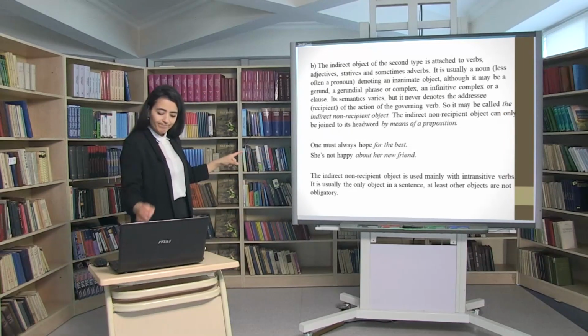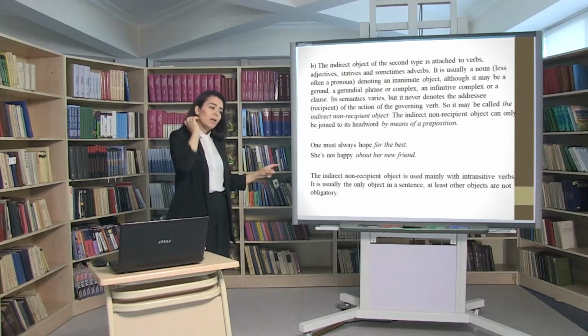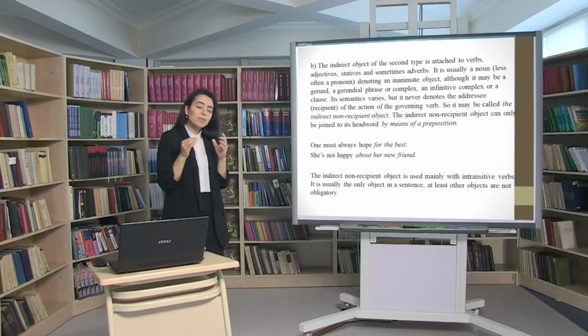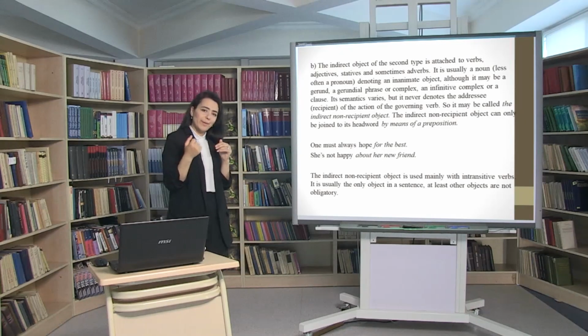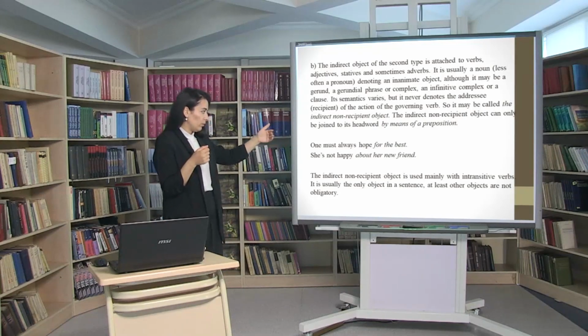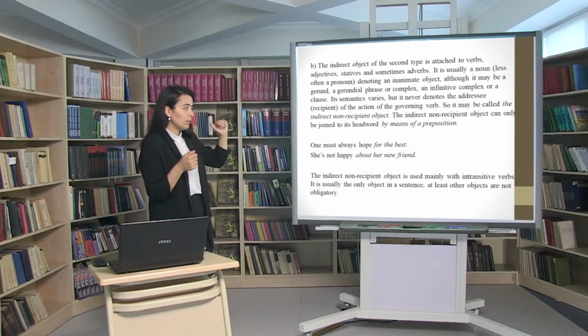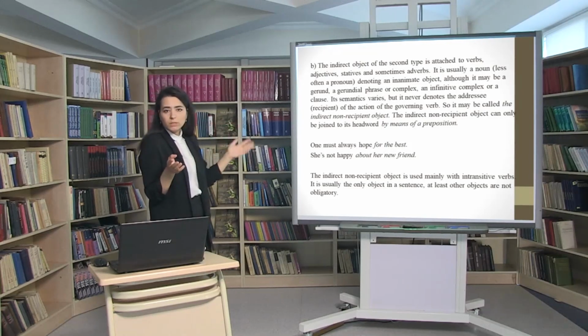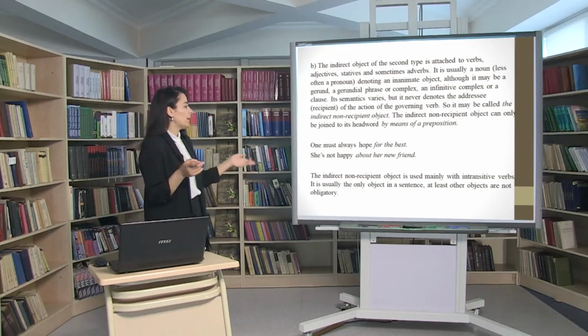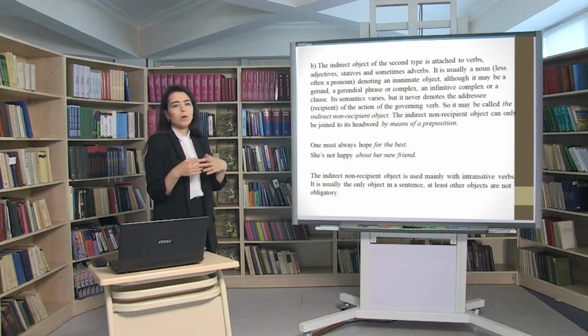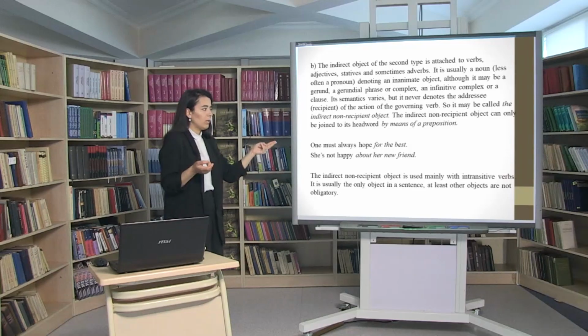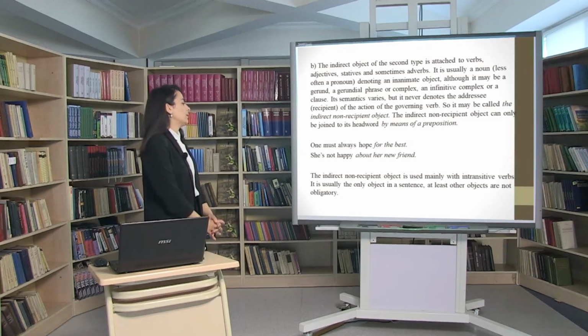The next type of object is formed by means of a preposition, and here you should pay attention. One must always hope for the best. For the best, you see that it is preceded by a preposition. The next one: she isn't happy about her new friend. For and about are the strongest indicators of finding the types of object in the sentence.